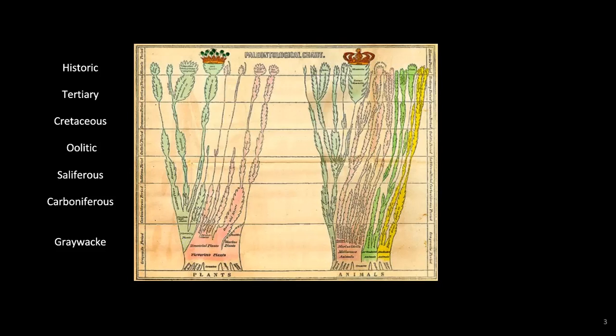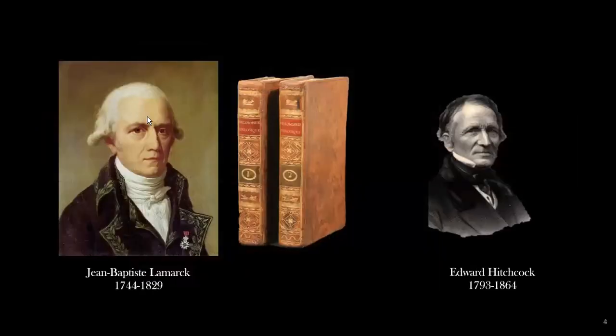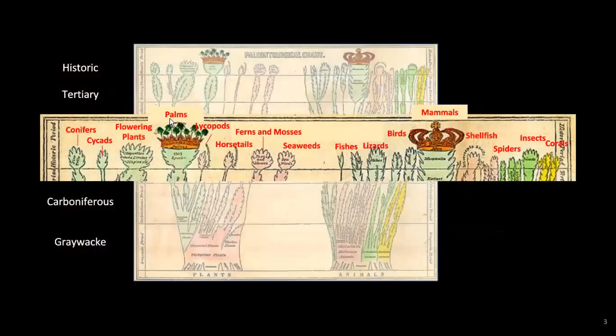Each of these groups is further divided, and by the historic period are represented by a number of groups: the conifers, the cycads, flowering plants, the palms, the lycopods, the horsetails, ferns and mosses, and seaweeds. An ornate crown rests on the palms, suggesting that they were the epitome of plant life on Earth.